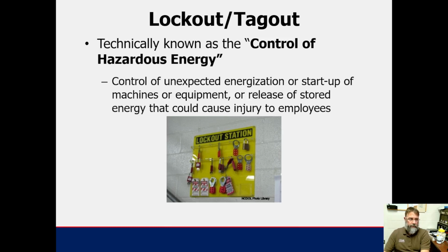So essentially the whole point of a lockout tagout, you see there, is to control the unexpected energization or startup of the machines or equipment. If it's locked out, it cannot unintentionally be started up.